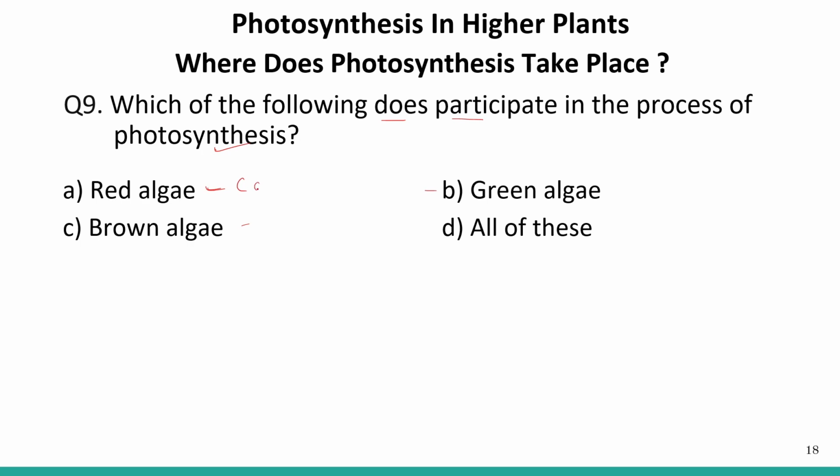Red algae contains primary pigment chlorophyll A, then it contains chlorophyll D, and along with it, it also contains phycoerythrin. Due to the presence of phycoerythrin, it is red in color. Along with phycoerythrin, it also consists of phycocyanin.